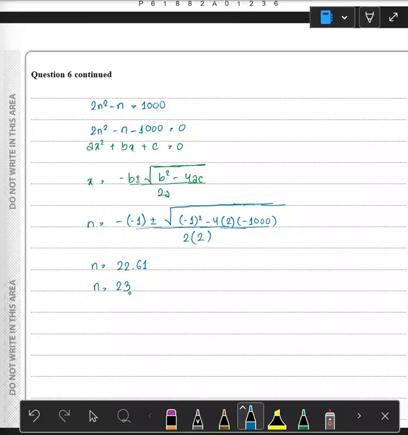So here the summation of the first 23 terms will be greater than 1000. If you sum the first 22 terms, the value of Sn will be less than 1000, right? But if you sum the 23 terms, then Sn will be greater than 1000. So as I mentioned, n will be an integer, so n would be equal to 23, the least value of n.